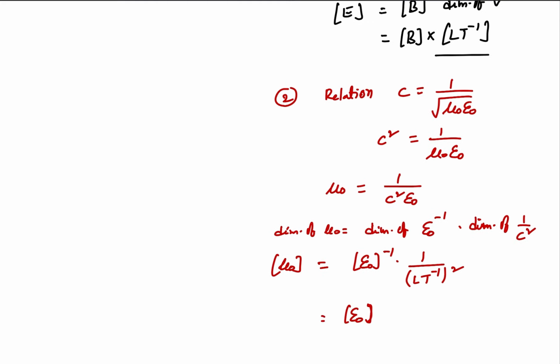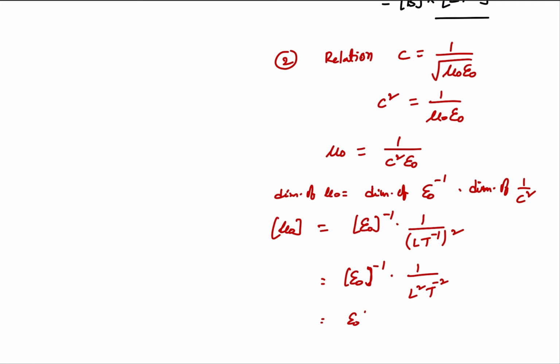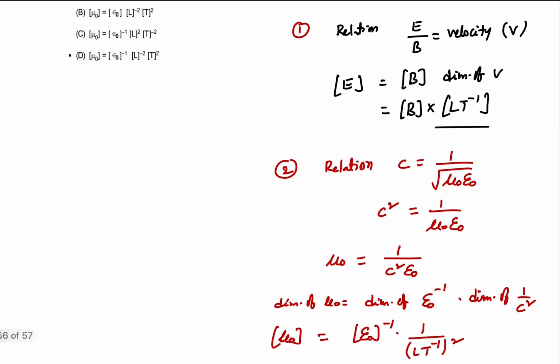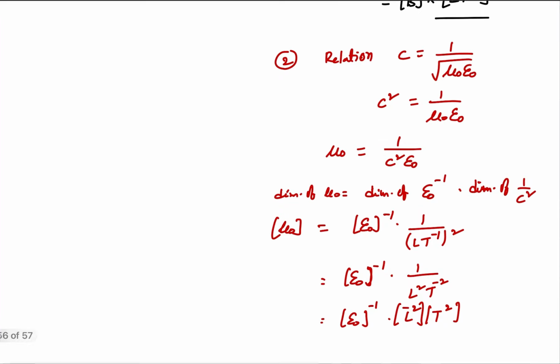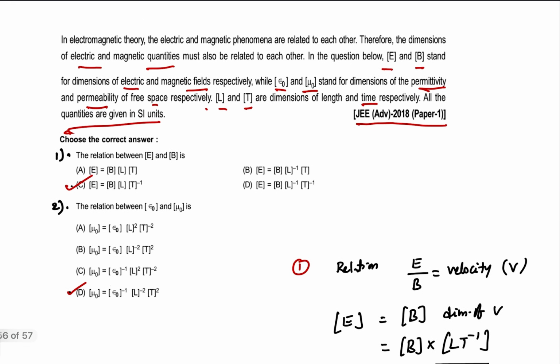So I can write 1 by L T power minus 1 whole square. I get epsilon naught whole power minus 1, 1 by L square T power minus 2. I can write epsilon naught whole power minus 1, L power minus 2 T power 2. So we can see what the relation is: L power minus 2 T power 2. So only option 4 is there.